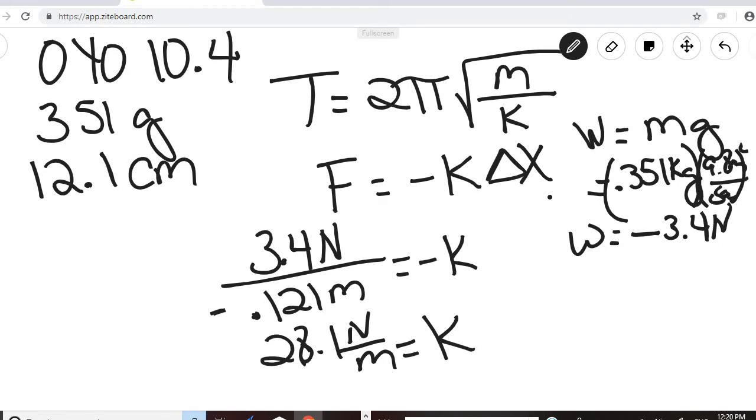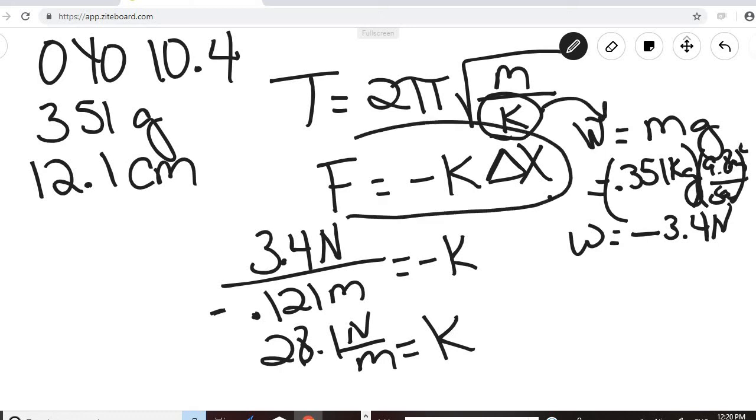Okay, so now we have what we need to determine the period. So we had to first solve for k by getting the weight and using this equation that we had used for periodic motion. Once we have k, then we can plug that into our equation to determine the period.